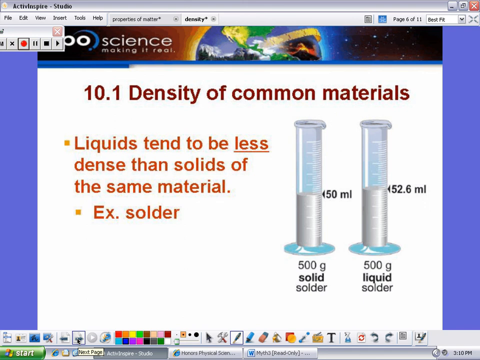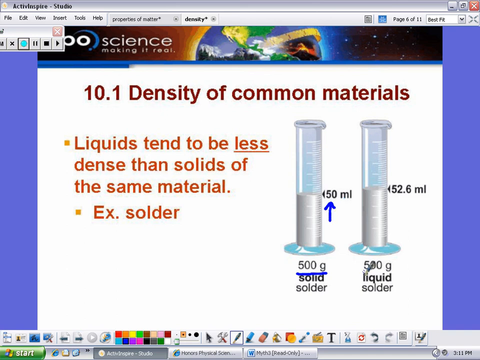Liquids tend to be less dense than solids of the same material. Solder. Solder is a type of metal that's used to kind of glue two metal pieces together. You find solder that comes maybe like a metal stick, and then you heat it and it turns into liquid. If you take 500 grams of solid solder, it only takes up the volume of 50 milliliters.